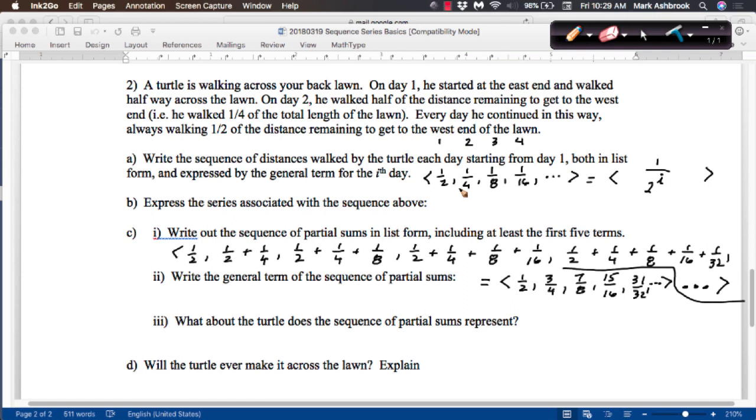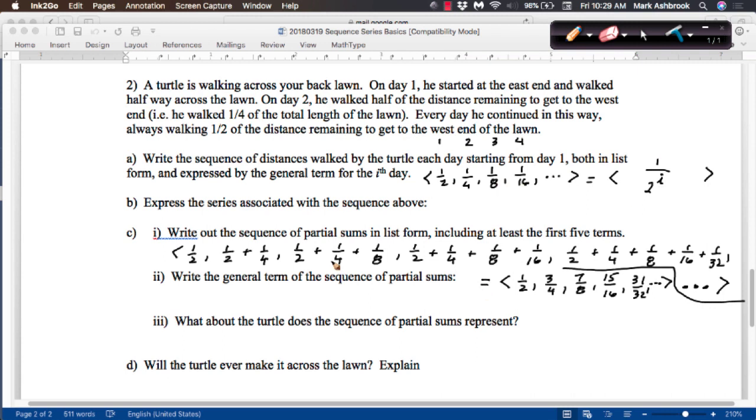Okay, so I started doing it. Your sequence of distances should be 1/2, 1/4, 1/8, 1/16, etc., and the general formula is 1/2 to the i. Did you get that? On the ith day, his distance covered is 1/2 to the i.